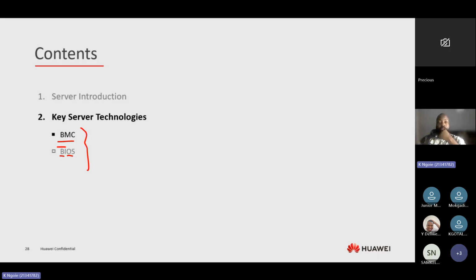Okay. And then the BIOS is basically the firmware of the motherboard, which is on the ROM memory.